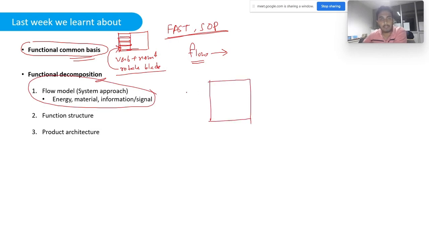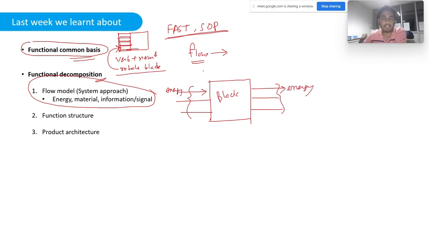We discussed the flow model, which is a robust method used for complex products, and what we learned in that model was that a system can be conceptualized as a black box. There are flows of elements going in and flows going out, and one of the elements we considered was energy. Some form of energy goes into a system, and the system outputs another form of energy.